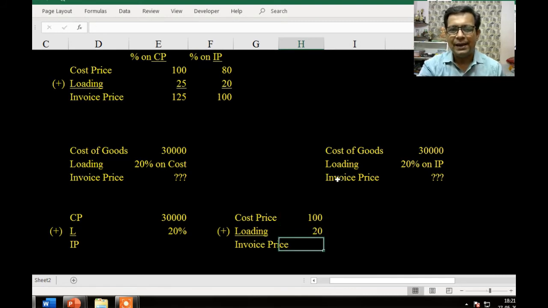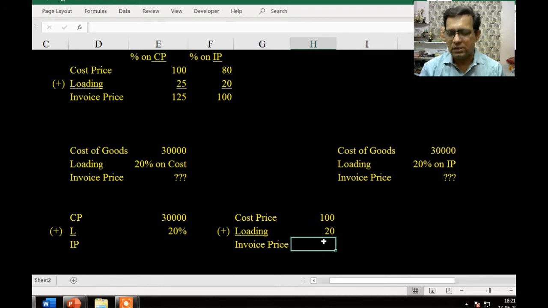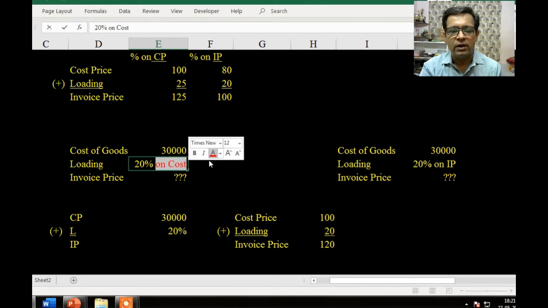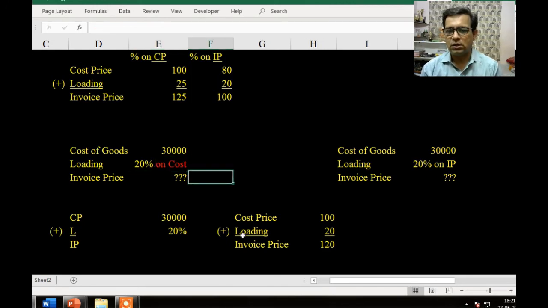All right, and if you add both of them, my invoice will become 120. Understand this carefully, because the word given is on cost. So I've taken my cost as 100. Important for us to understand. I added loading, I got this.